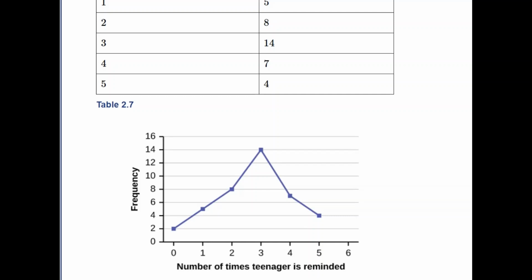And we see on this line graph that most of the responses of mothers about the reminders to their teenagers lie between 1 and 4, because that's where the graph is growing most of the time.